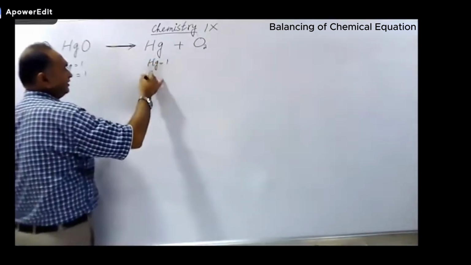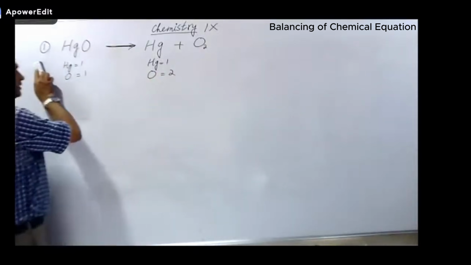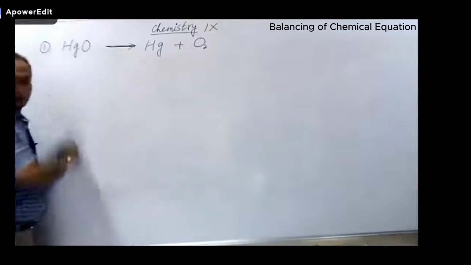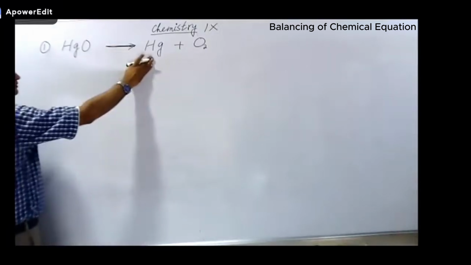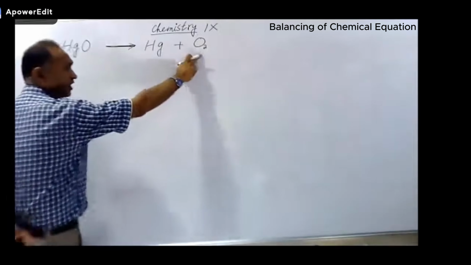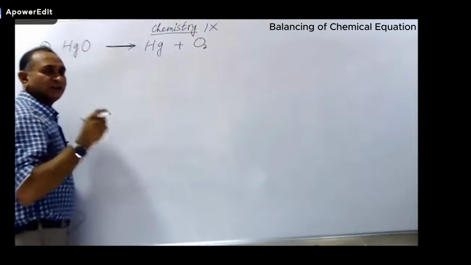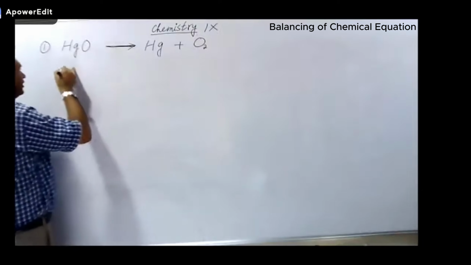How many oxygens? 2. So how many mercury? 1. How many oxygens? 1. Here we have 1. Here we have 2. I told you, do not write in the question. Rewrite the question first.